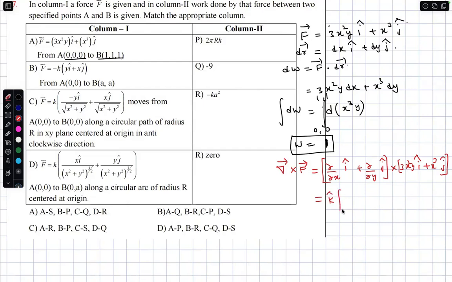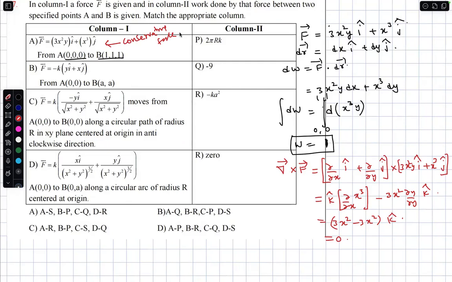K cap times del by del x of x cube, minus j cap cross I cap, that is, 3x square del y by del y k cap. So finally this is 3x square minus 3x square k cap, which is 0. So therefore, if you have identified this, this is a conservative force.